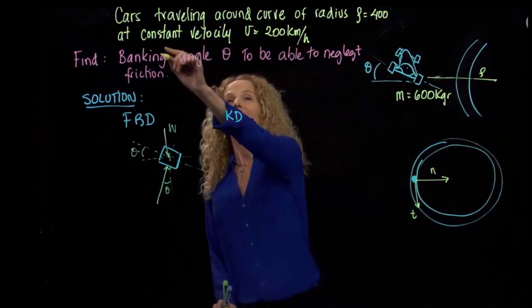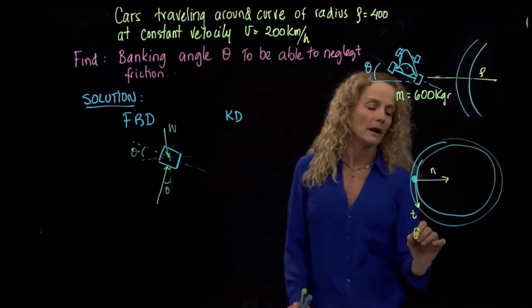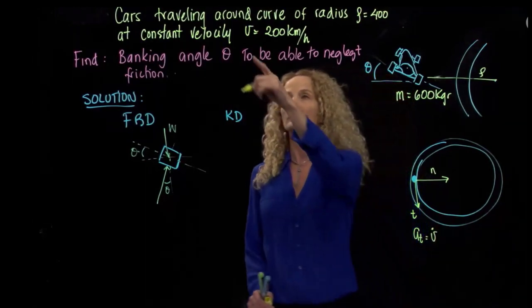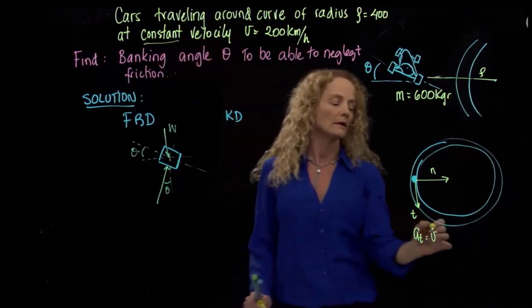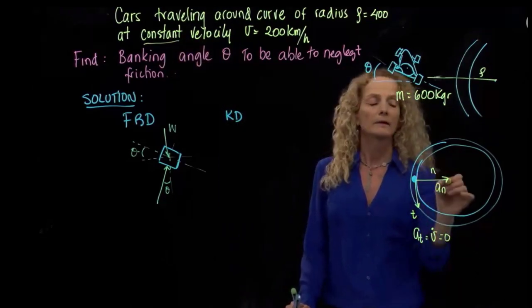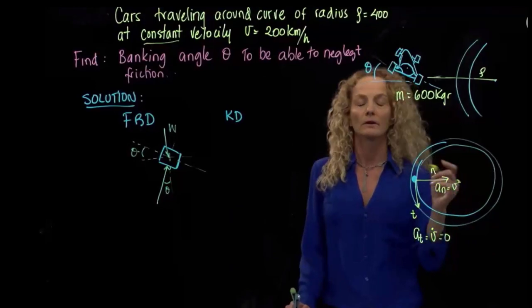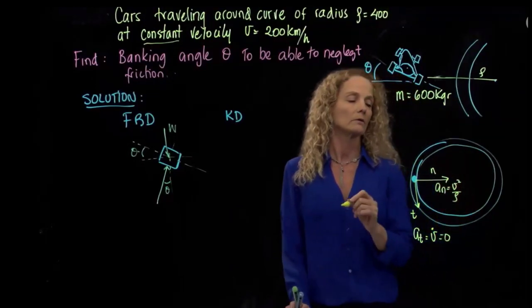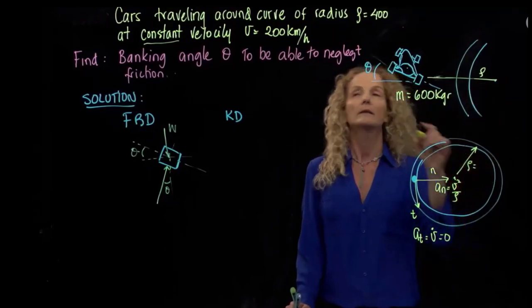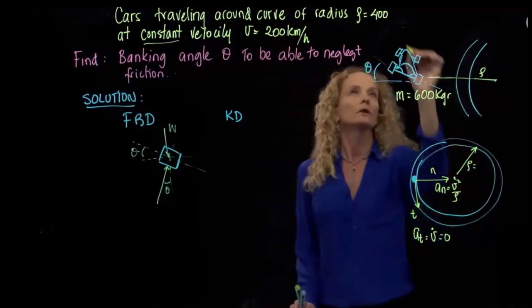Since the velocity is constant, you remember that the tangent acceleration is the derivative of the velocity, so that derivative will be equal to 0. But we still have a normal acceleration, which you remember is the velocity squared over the radius of curvature. We are given the radius of curvature, and they tell us that it is 400 meters.